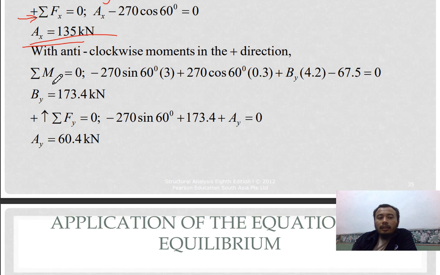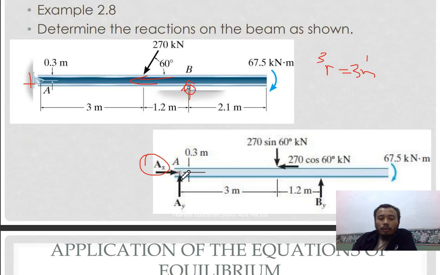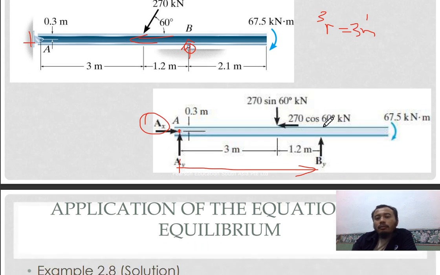Next is the moment equation. With anti-clockwise moments in the positive direction, summation of MA, moment at A. When you're considering here, from this point towards here is considered the moment arm. So your moment arm is 3 plus 1.2, which is 4.2.